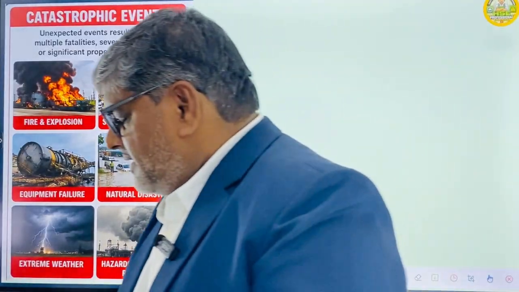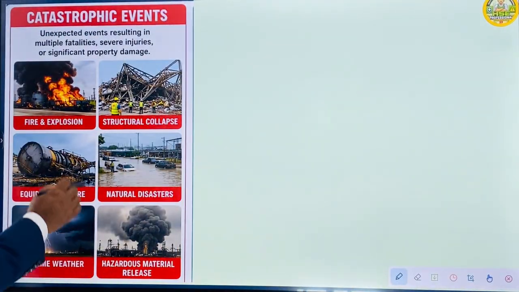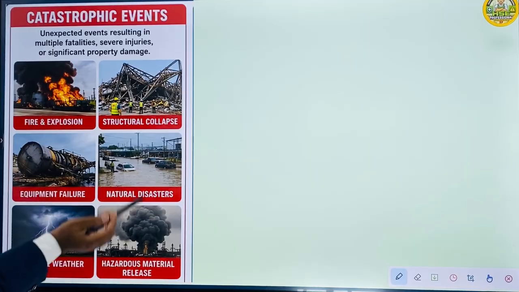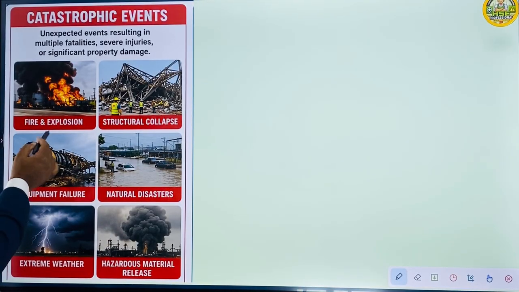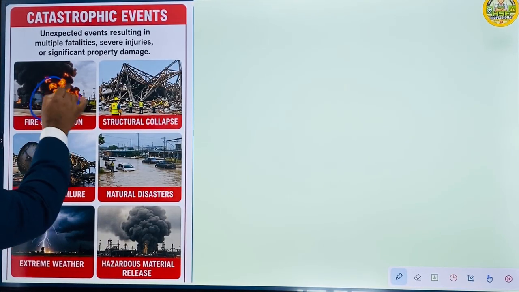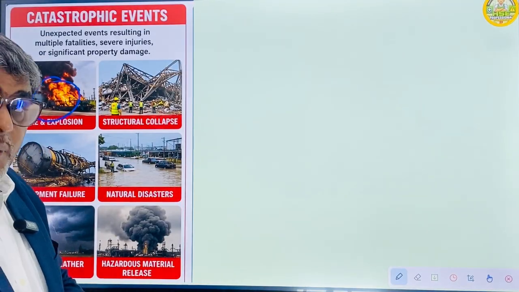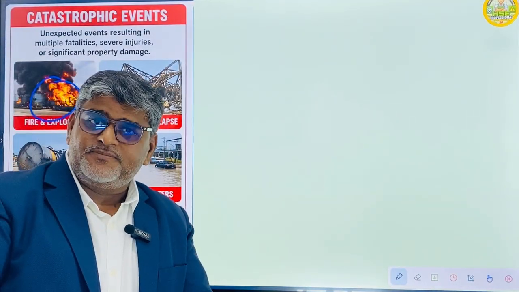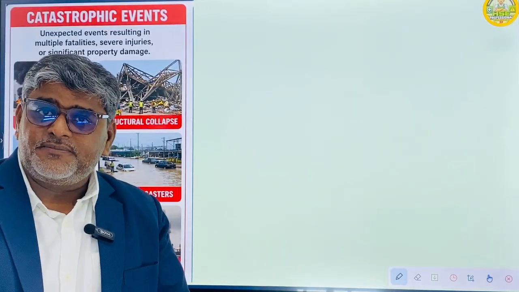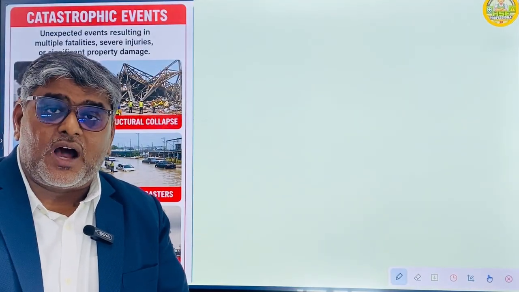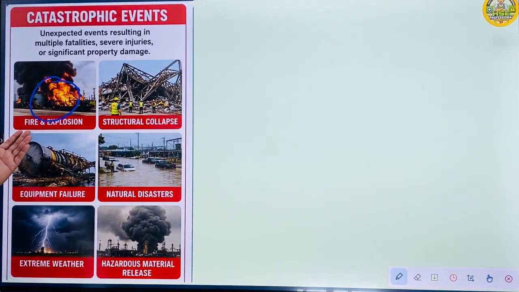You can see here some pictures taken from somewhere. Catastrophic event: what is called catastrophic? You can see fire and explosion here. This fire and explosion has impacted 3 things: environment, material, and even the person and property. That's called catastrophic. It means several things came into a danger situation, destroyed, devastated. This is called arson, a type of fire.